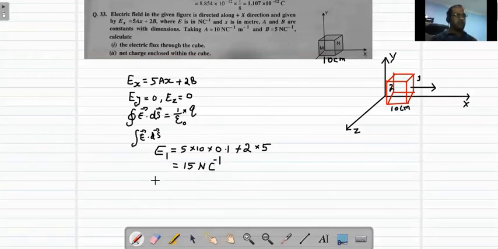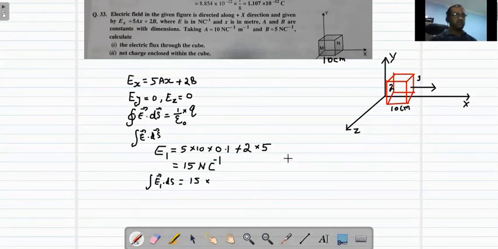Now what will be the integral of E dot ds for that surface 1? E1 dot ds is 15 into ds. What will be ds? Length into breadth, 10 into 10, which is 100 centimeter square.